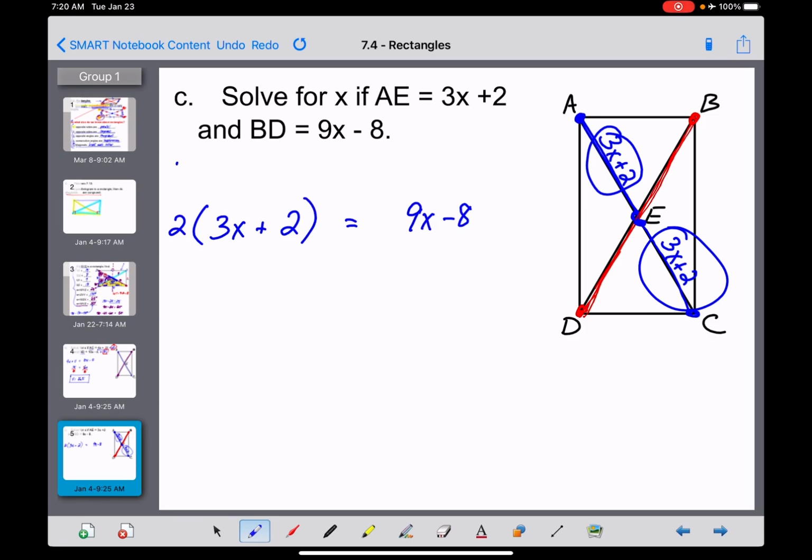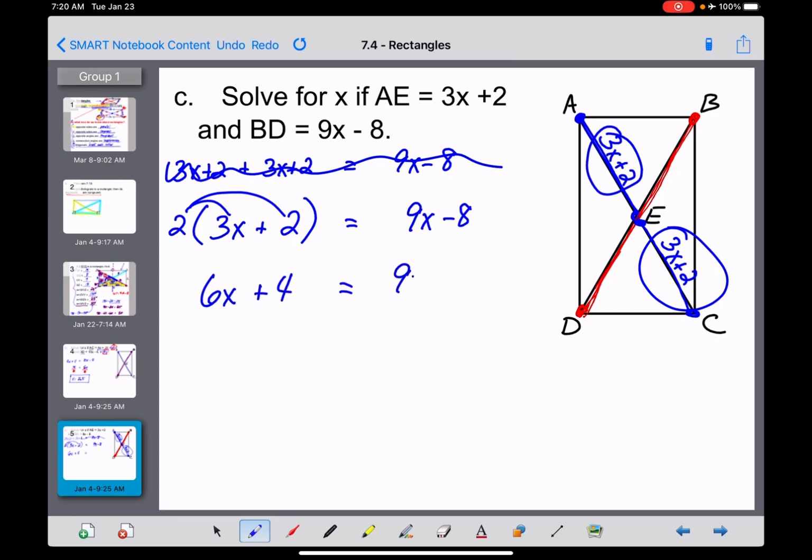Another thing you could have done is written 3x plus 2 plus another 3x plus 2 is equal to 9x minus 8. So both of those two equations I have there really say the exact same thing. Either way, let me get rid of that. I'm going to distribute this 2 right here. Either way, you're going to end up with a 6x plus 4 is equal to a 9x minus 8.